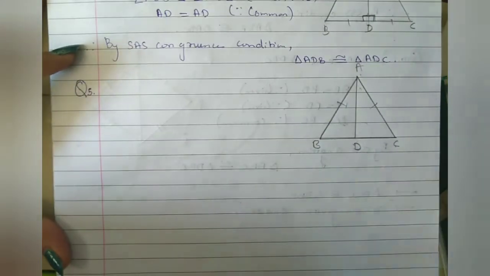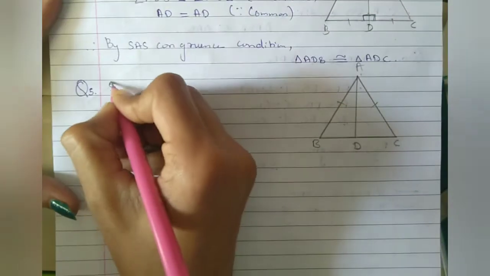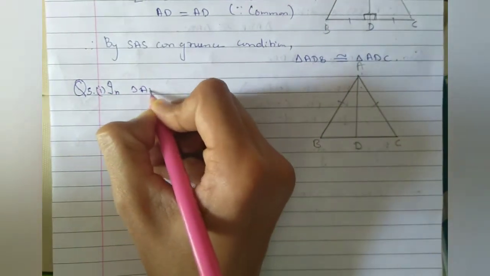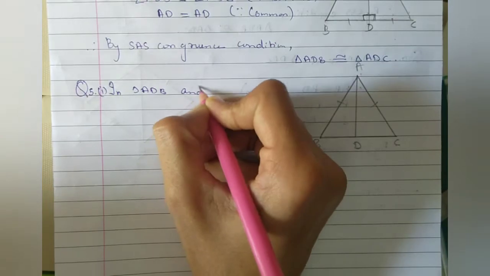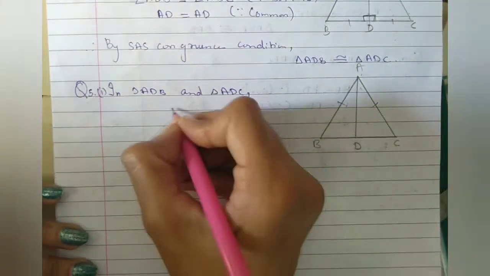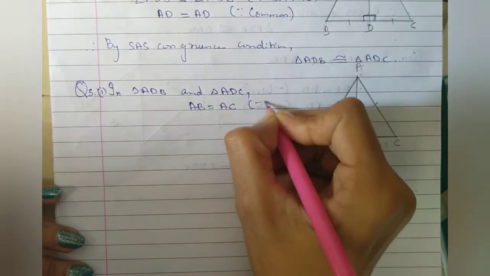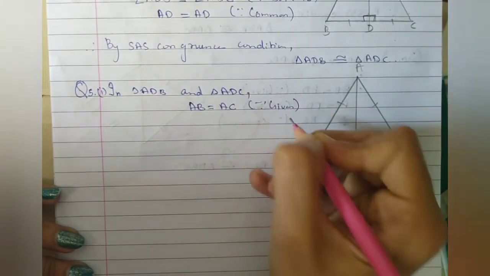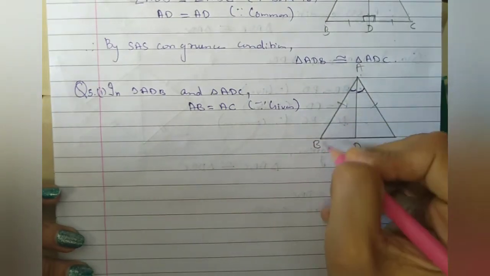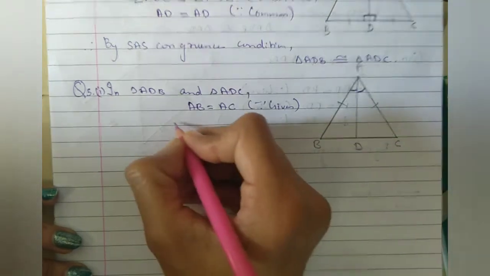Okay, so what will we do? First of all, what do we have to prove? First one, in triangle ADB and triangle ADC, which sides are the same? AB equal to AC, given. Now it is a bisector, so this angle is the same. Angle BAD and angle CAD are both the same. Why?